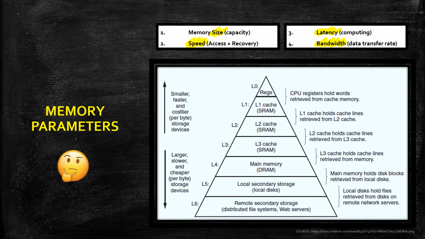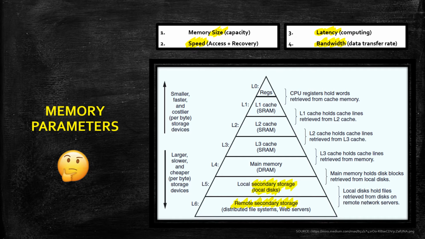That is rank-wise. At the very bottom you can find the secondary storage, like web servers and other distributed file systems. Normally these are the remote secondary storage. But when we talk about our personal computer system, then the memory starts with the local disk, that is your hard disk, which we also call the secondary storage, right?